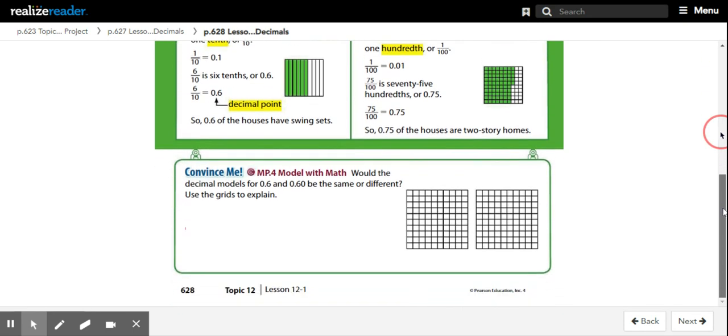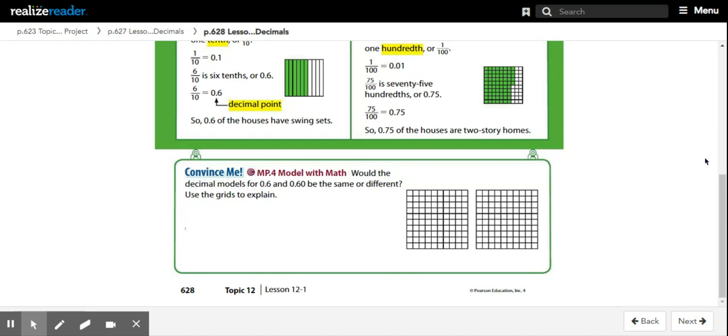I'm going to skip down here to the Convince Me at the bottom so that we can see this in the grid view. So it says, would the decimal models for 0.6 and 0.60 be the same or different? Use the grids to explain.